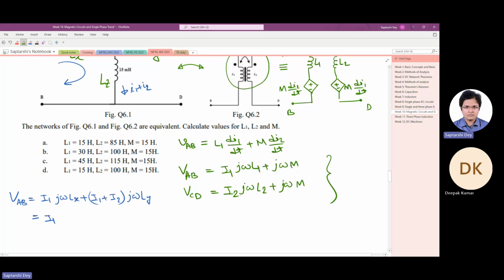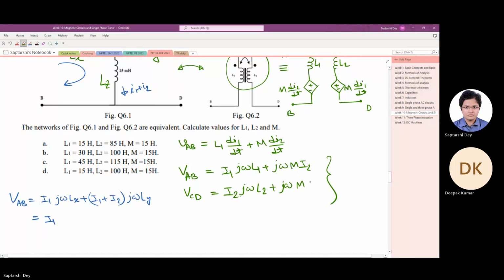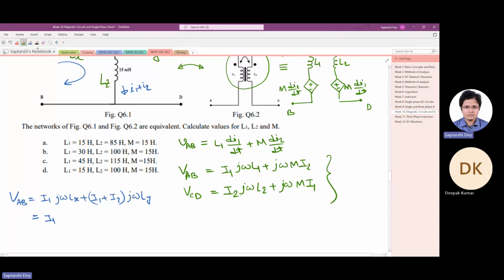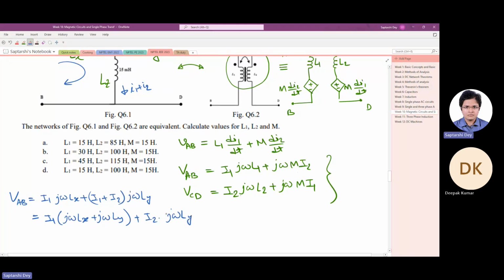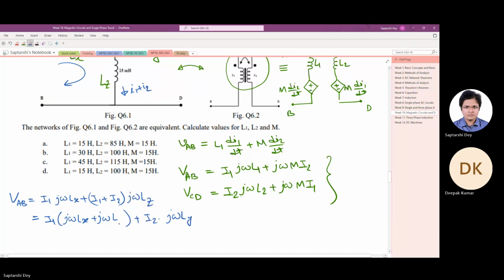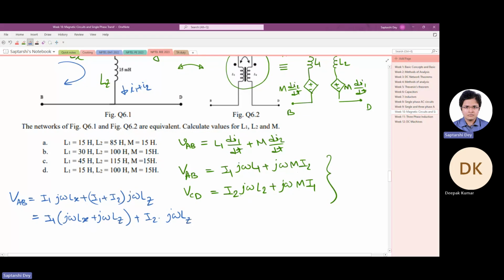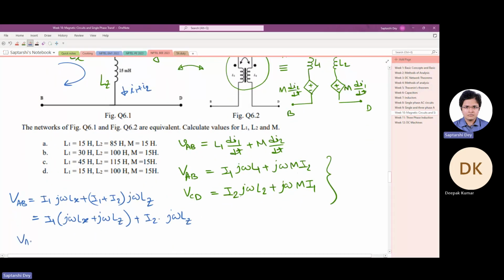So what we are doing, I1 times j omega Lx plus j omega Ly, plus I2 times j omega Ly. Sorry, not Ly, it's Lz. This loop. So by symmetry, I can write the equation on the other side, which would give me VAB equals I1 will become I2, Lx will become Ly. From here you can see Lx will become Ly, Lz will remain the same.